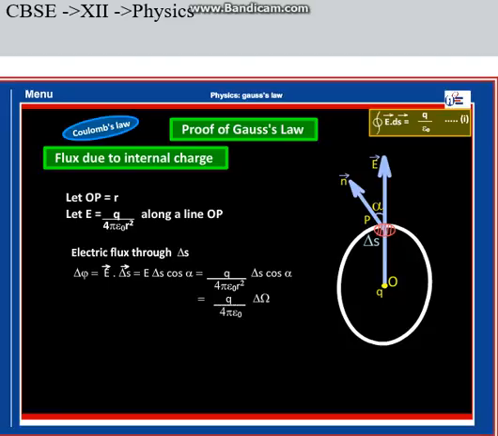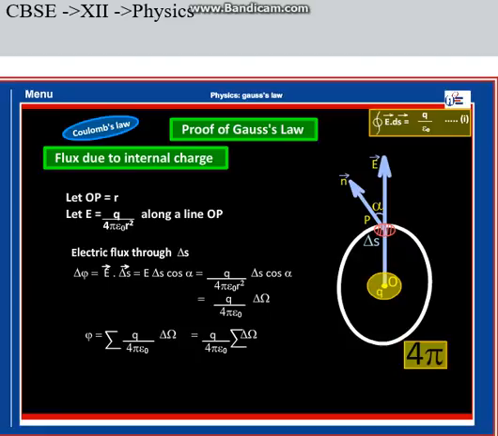The flux through the entire surface is phi equal to summation of Q upon 4 pi epsilon naught into del omega, which is equal to Q upon 4 pi epsilon naught summation of del omega. The sum over del omega is the total solid angle subtended by the closed surface at the internal point O, and hence is equal to 4 pi.